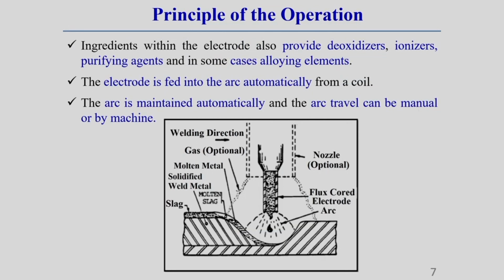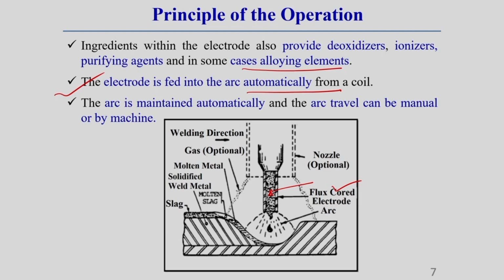Whatever ingredient we use in the flux core arc welding process, it can contain a deoxidizer, an ionizer, and some purifying agent also. Sometimes this flux core contains some alloying elements also to improve the joint quality. The electrode is fed into the workpiece automatically. These things you just keep in mind.